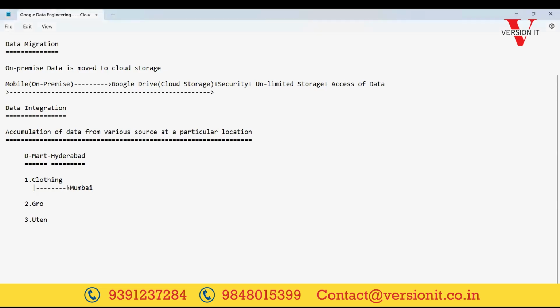Whereas they bought these clothes from Mumbai, so the seller, that means the manufacturer, is from Mumbai. And another set of clothes they have bought is from Gujarat.